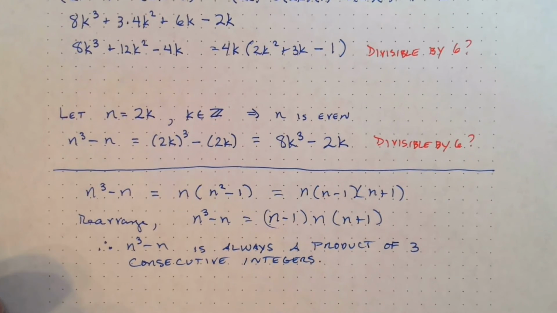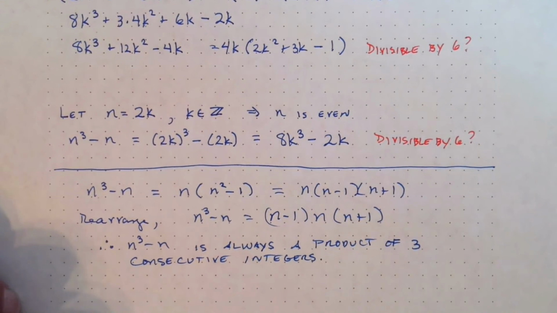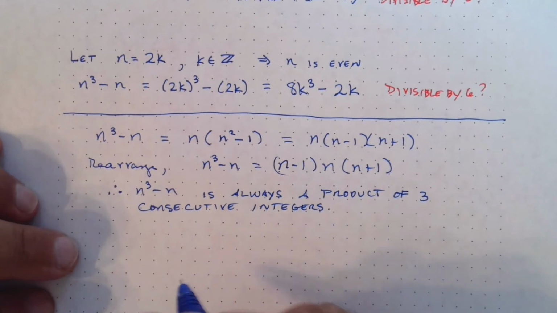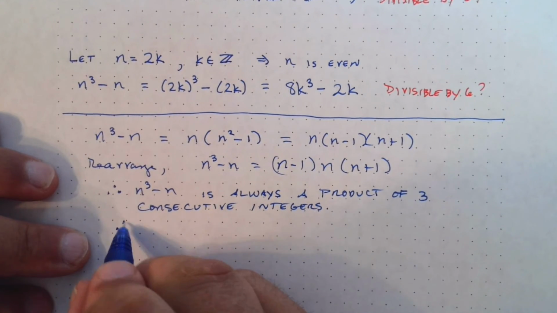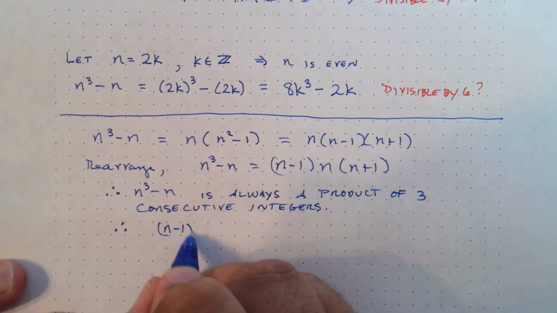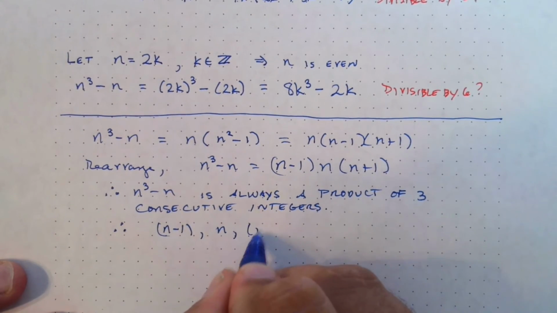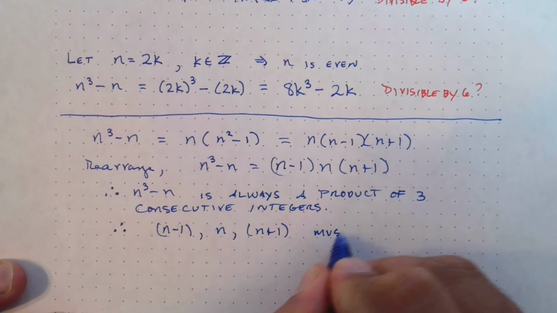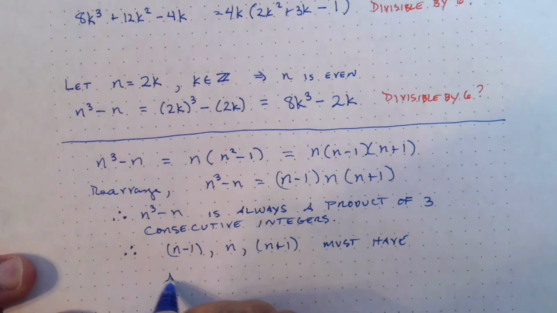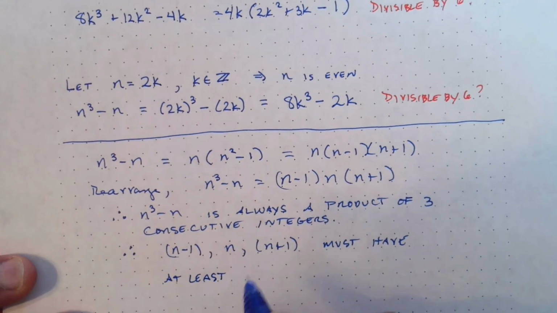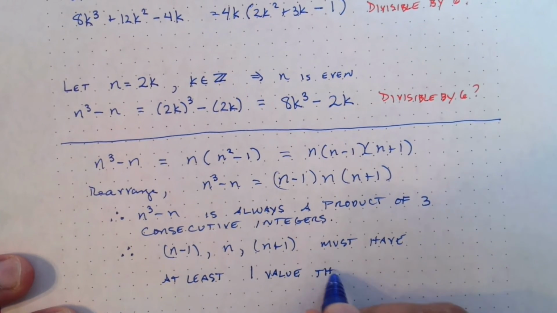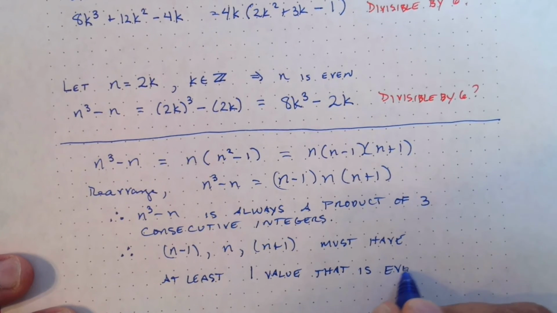All right. Well, if n cubed minus n is always a product of 3 consecutive integers, what does that mean for us? That means that n minus 1, n, and n plus 1 must have at least one value that is even.